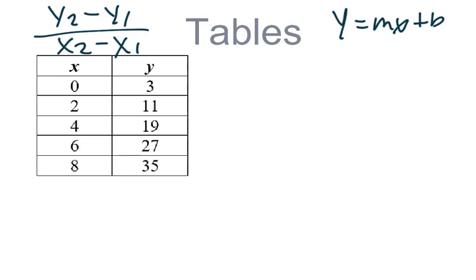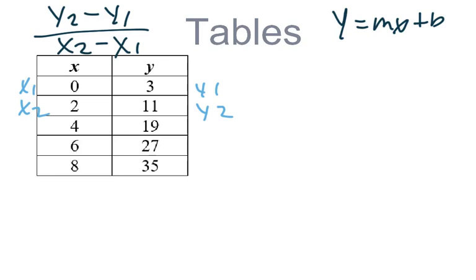I just want to show you both ways, and then you can pick which one works best for you. First, we're going to label our points: x1, y1, x2, y2. You could pick any points, the first row, the last row. It doesn't matter. Either way, you should get the same answer. And then we're just going to plug them in.